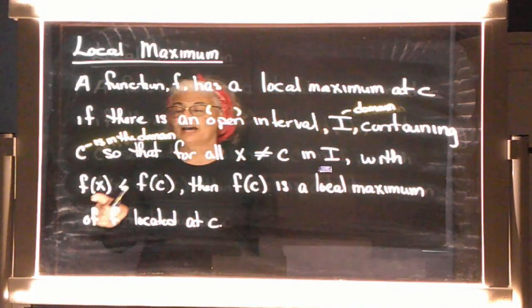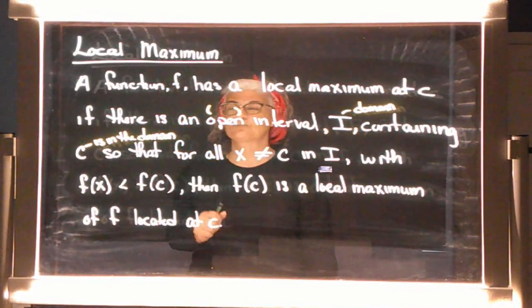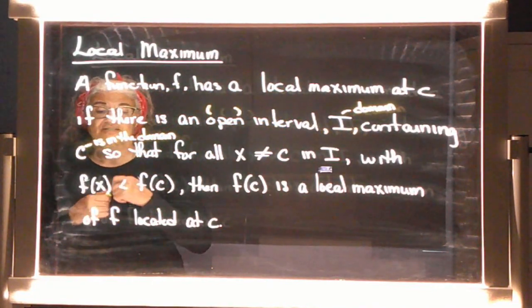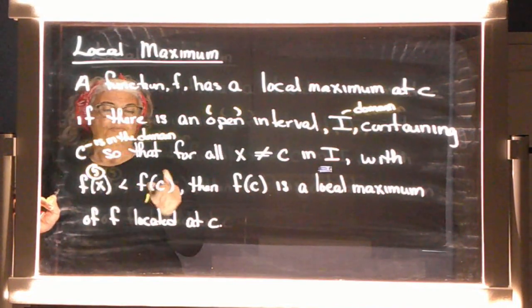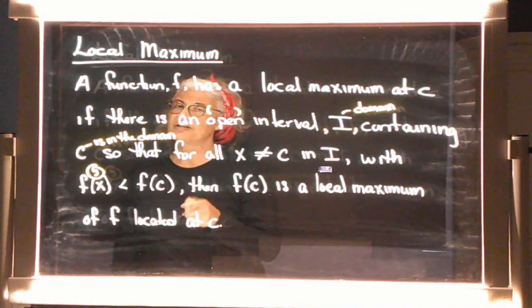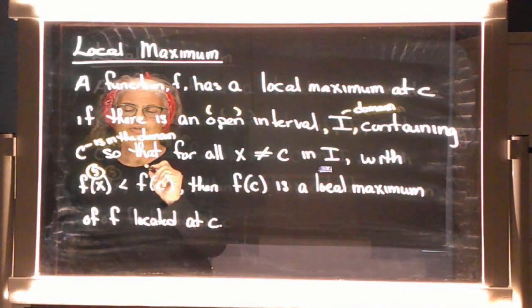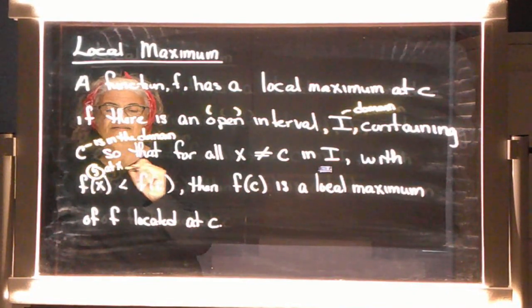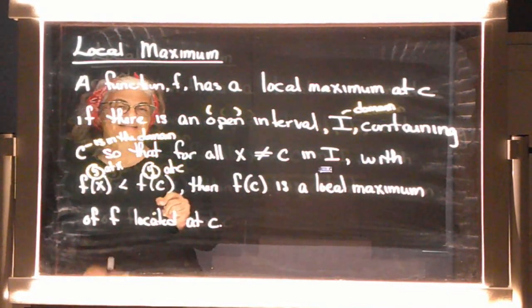With f of x less than f of c. Okay, so hold on. What does f of x mean? Yeah, it's a y value, isn't it? Right? F of x is a y value. But f of c is also a y value, isn't it? Because it says function of c. So here's the thing. This is the y value at x. This is the y value at c.